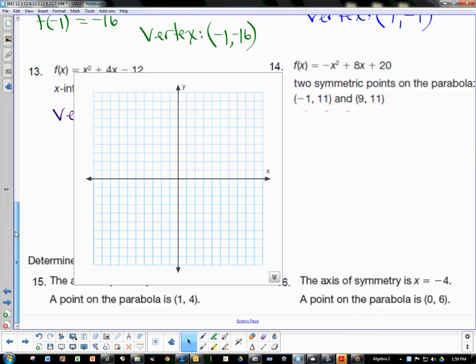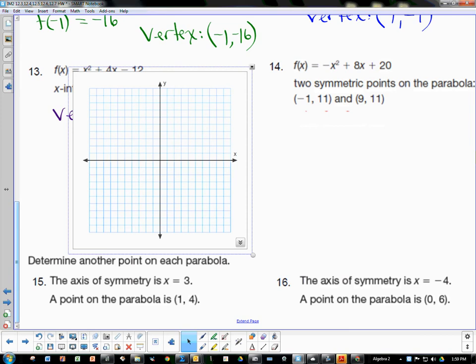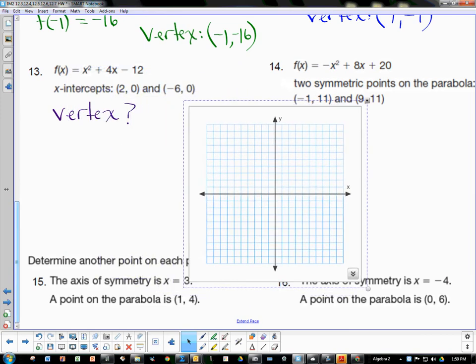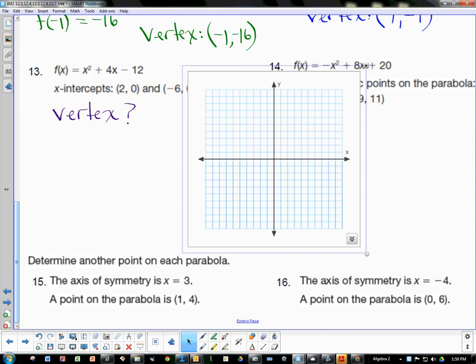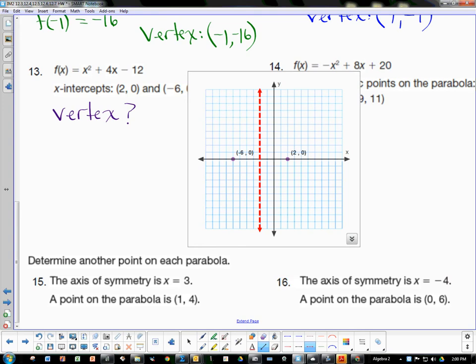So we'll get out a graph and let's talk about this for a moment. We have 2 comma 0, and it looks like -6 comma 0. Now directly in between, about right here, is my axis of symmetry. Now you don't have to graph this out at all.